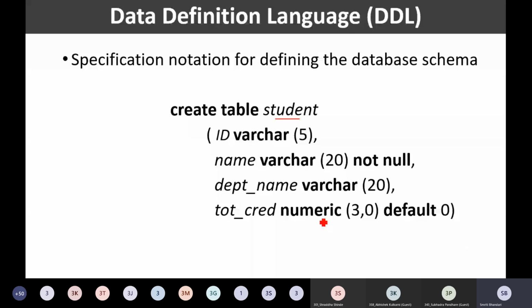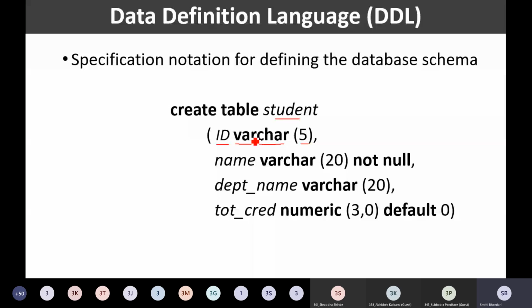What I mean by the definition of the student table is that I need to describe the attributes of this table along with the domain or data type. So I have ID as an attribute of the student table. ID is of type varchar and the size is 5. Varchar is one of the data types in database management systems. We are not going into the details right now.